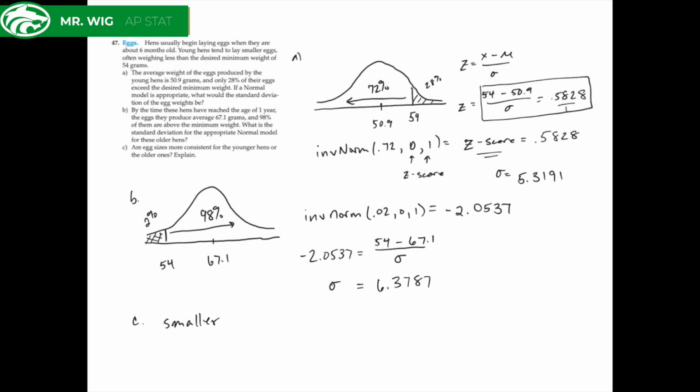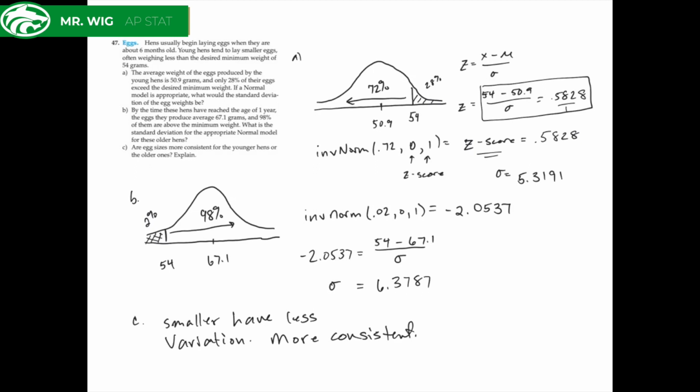Smaller hens have less variation, and this means they're more consistent.